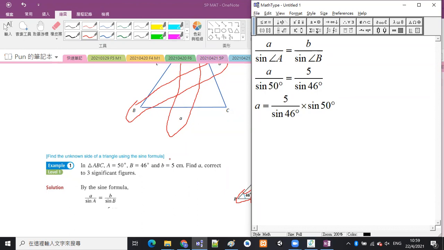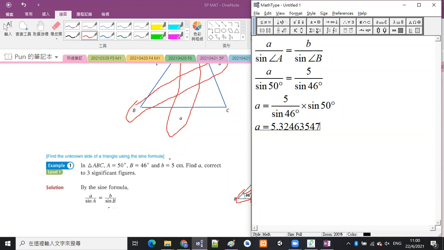What is this? Everybody press it. It should be 5.32 something, right? Can you get this? A is equal to 5.32463547. Can you get this number?